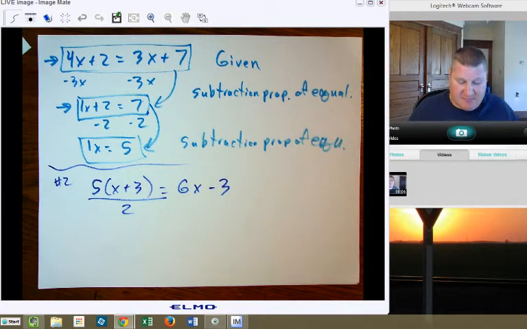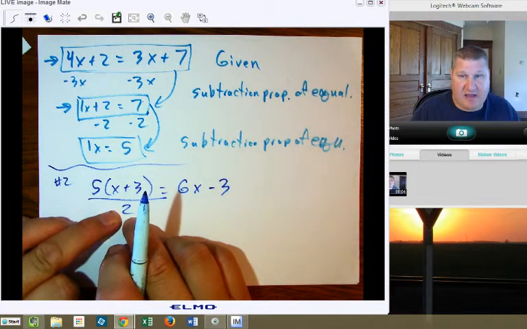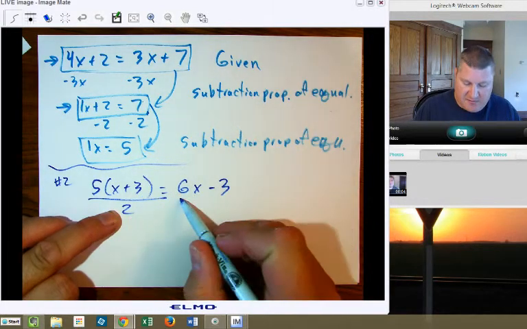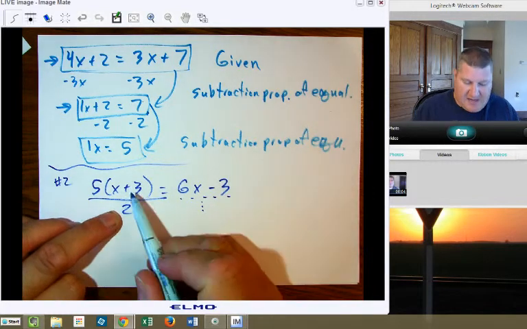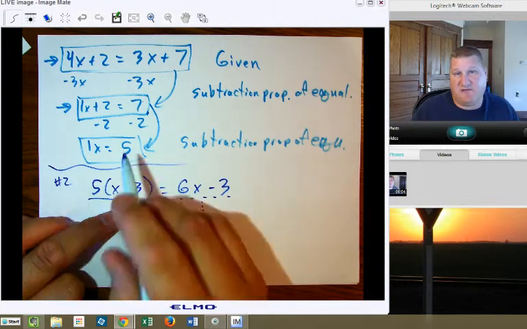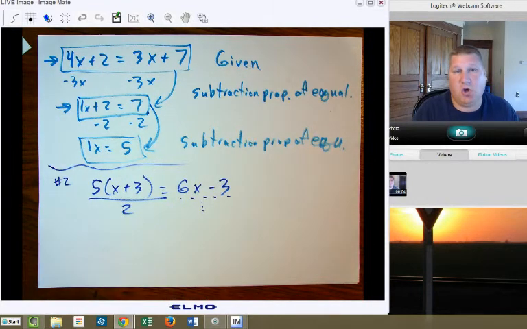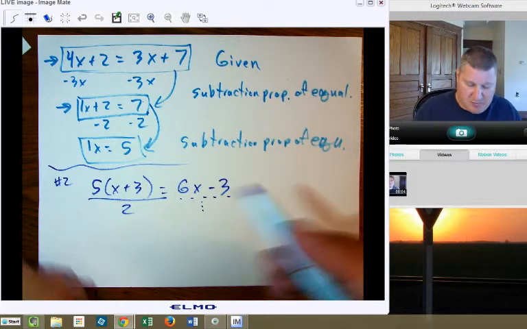The first step I would think would most reasonably be to get 2 out of the denominator. Now, one of two things could happen. You could theoretically put this over 1, and now you have a fraction equals a fraction. When one fraction is set equal to another fraction, what is it called? It is a proportion.